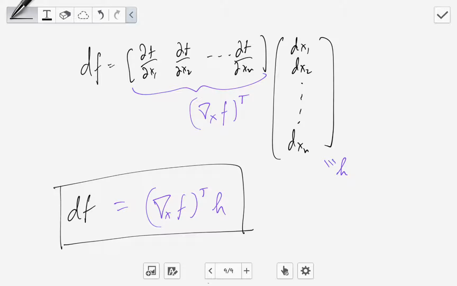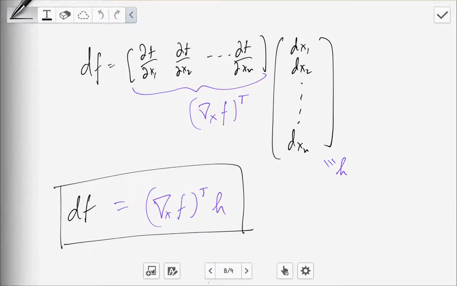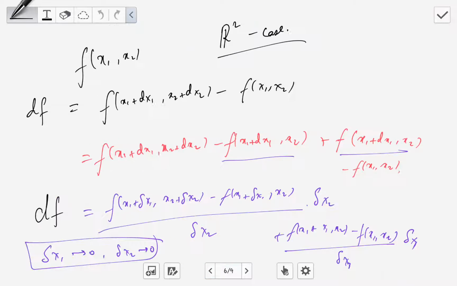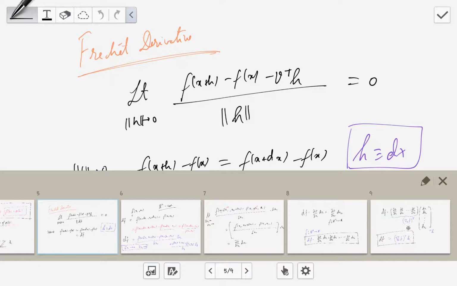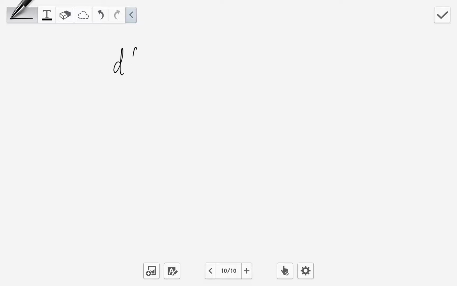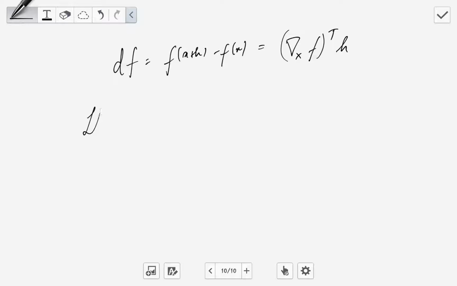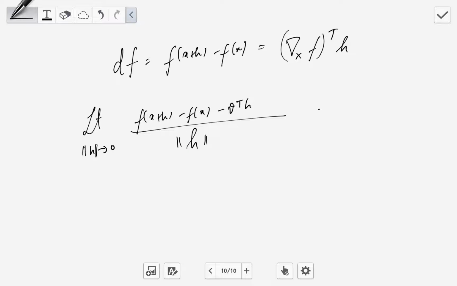Now once this is done, let us try to substitute this in this equation. What do we have here? df as f of x plus h minus f of x, which we proved as v transpose h. Now limit norm h tends to 0 of f of x plus h minus f of x minus v transpose h by norm h is equal to 0.